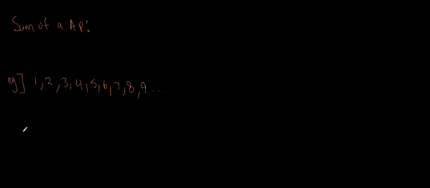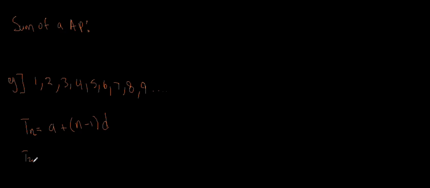So Tn is given by a plus n minus 1 d. So knowing the first term and the common difference, to get to whatever the nth term is, let me try it for the 20th term.